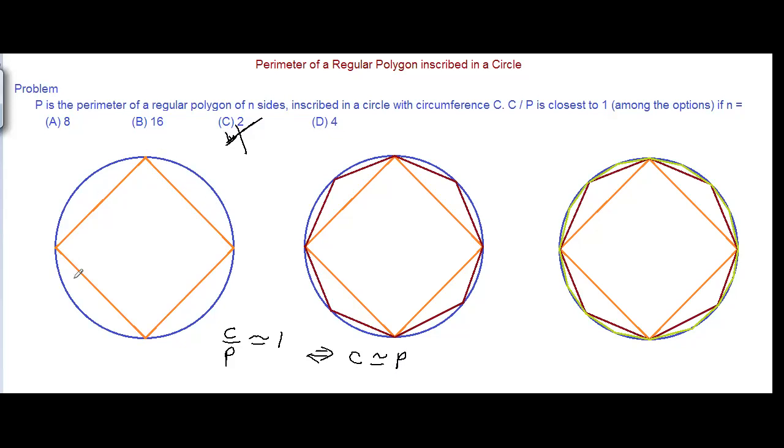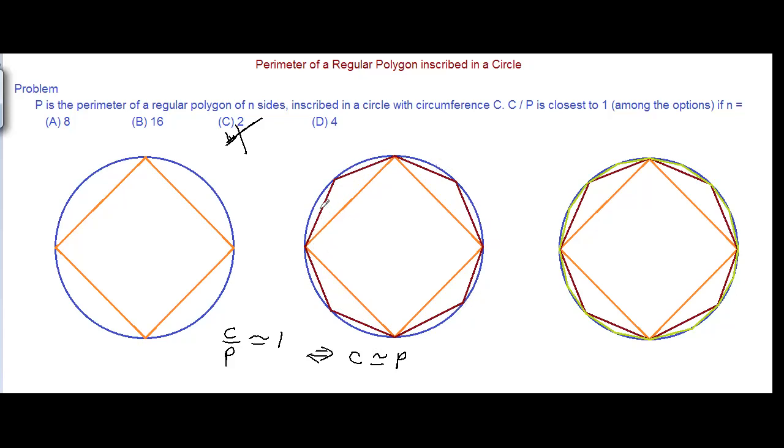See, the perimeter is less than the circumference clearly. But if we make each of these four arcs into two parts, then we have total 8 parts, and on joining by the straight edge, we get a regular polygon of 8 sides.